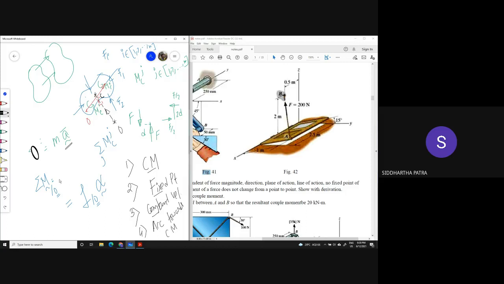Okay. But this representation, the moment representation, is with respect to a body-fitted coordinate system. That means the coordinate system itself is attached to the point O. So what is the meaning of this?